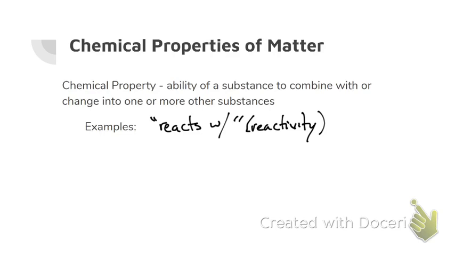Another example: anytime there's fire or combustion occurring, we could say it's combustible, meaning it's easy to burn. It's not that the combustion or burning is occurring, but it has the ability, and that's a property of matter. And when you burn something or react something, that is a chemical change that occurs.